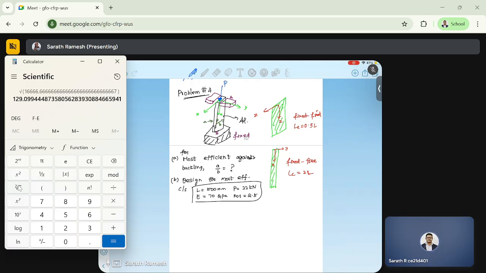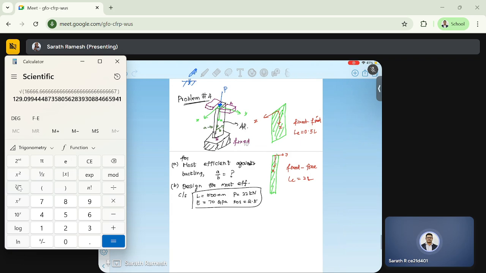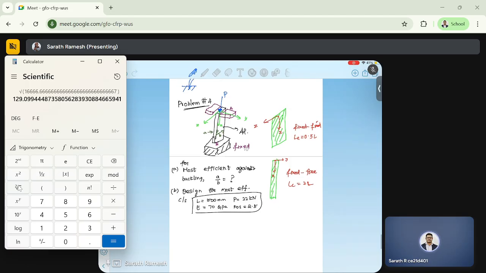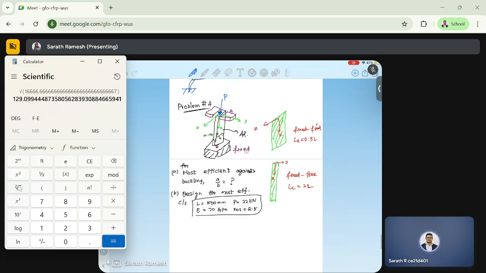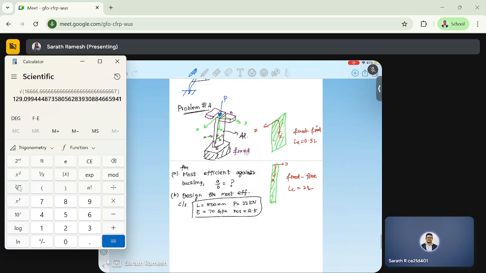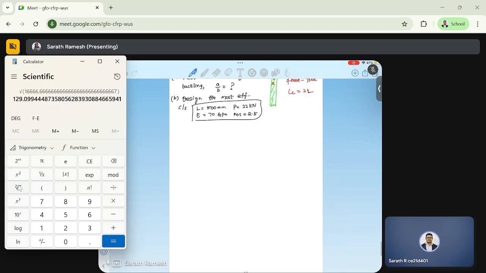If in one direction it is higher and in another lower, my column is going to fail early, correct? Yes. So to make it most efficient, we equate the slenderness ratios in the y and z directions. This is the hint. Now you can pause the video, try by yourself, and then continue. Hope you tried. Let's continue.